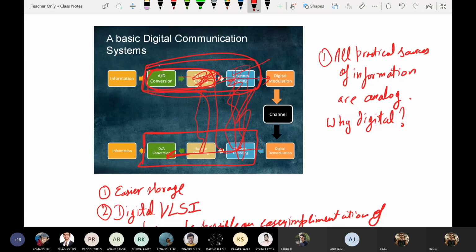If you do A to D conversion, you get a basic digital communication system, and source coding and channel coding are mere add-ons that help you improve the efficiency of communication.